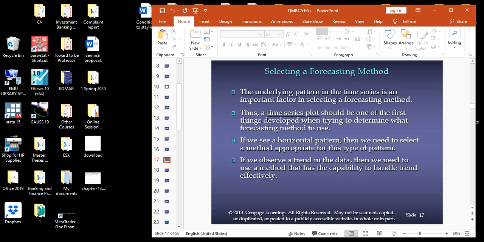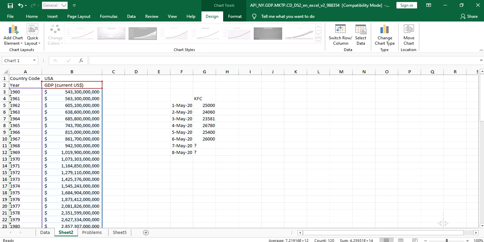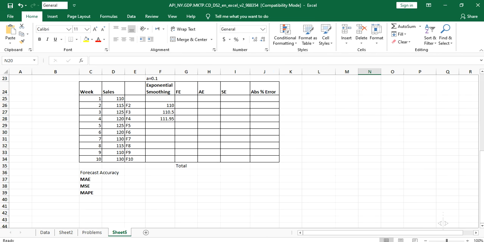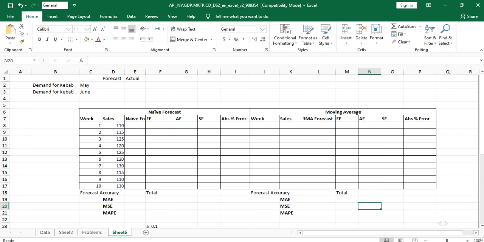And what is the best forecasting method? The best one is the one which has the minimum errors of forecasting. Okay, how can that happen? Let me give you a small example over here.